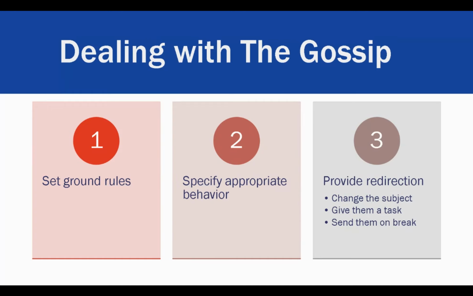Anything that redirects their attention or energy can help keep that unacceptable behavior in check. Now, if you still can't get an employee on board with your expectations or by redirecting their attention, then it may be time to consider termination.